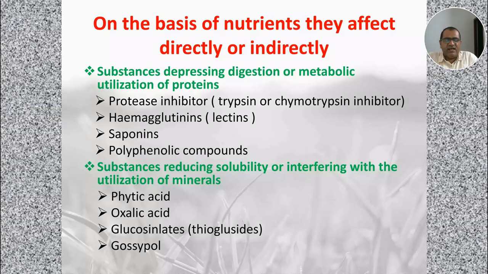Oxalic acid is a well established example: calcium combines with oxalic acid to form calcium oxalates, thus inhibiting the absorption of calcium into the circulation and causing an artificial deficiency of calcium, especially in animals that eat fodder containing oxalic acid.